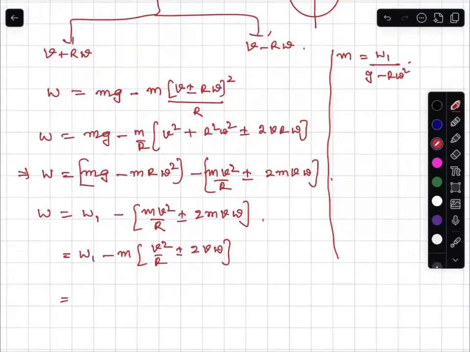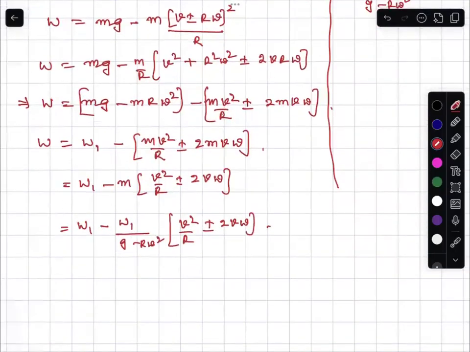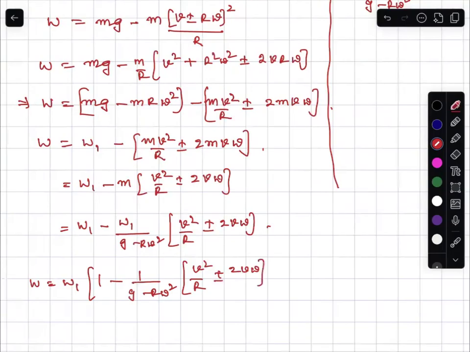So if I substitute that here, W1 minus W1 by g minus r omega square times v square by r plus or minus 2v omega. Right. So by proper adjustment, W is W1 times 1 minus 1 by g minus r omega square into v square by r plus or minus 2v omega.